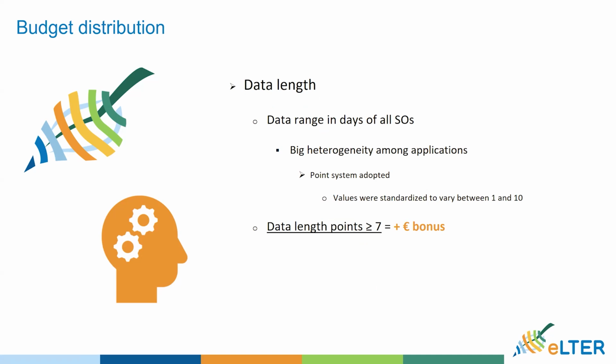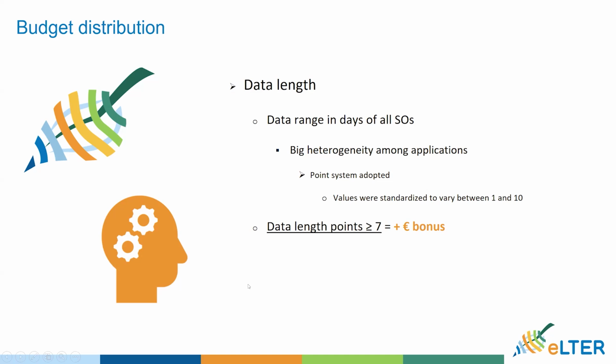Because we have a huge heterogeneity among applicants, with very long data sets provided and others not so long, we have to make a point system and standardize the values to vary between 1 and 10, for clearer understanding. Those that were valued higher than or equal to 7 also receive a bonus, meaning that they are providing longer data sets.